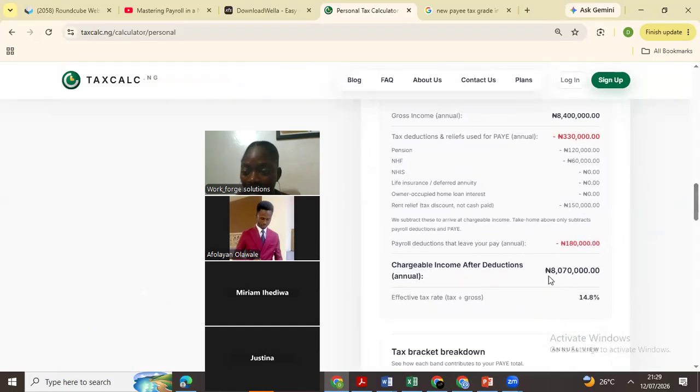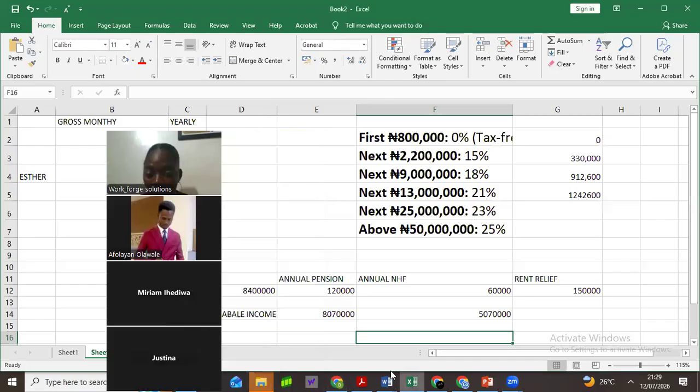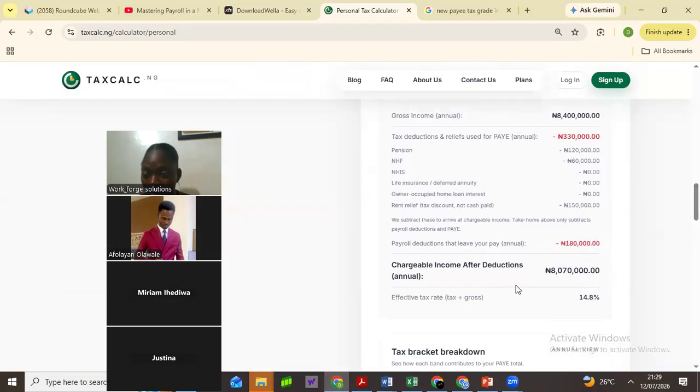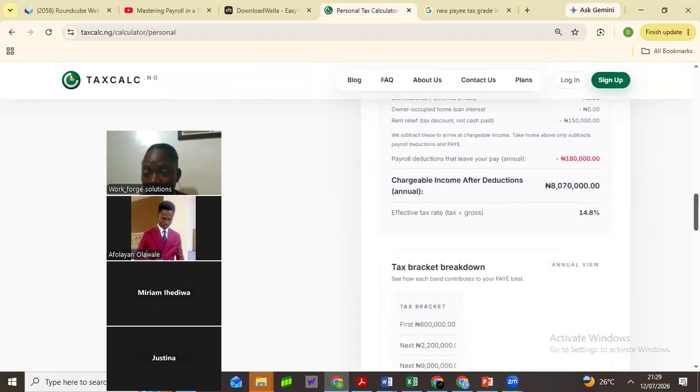Okay. So can you see that this is the amount that they're taxing, just like we got to 8,700,000 naira. The same thing here. See, that's what they charged. So let's see their total tax.